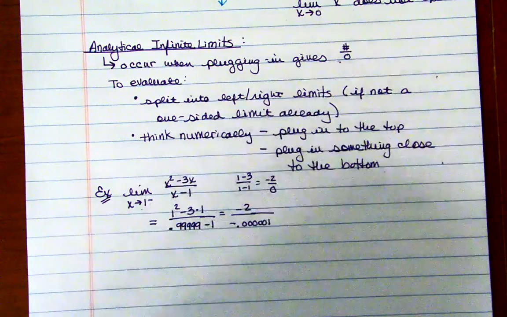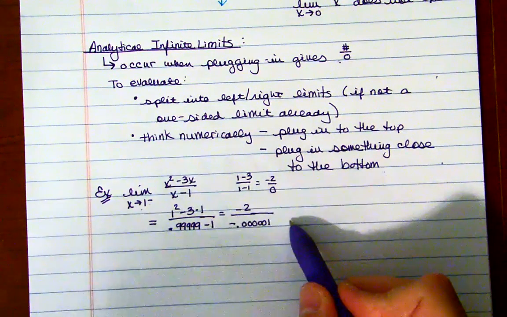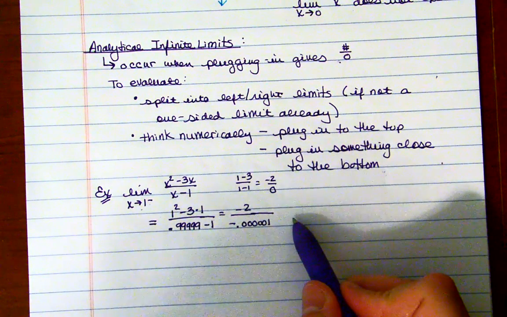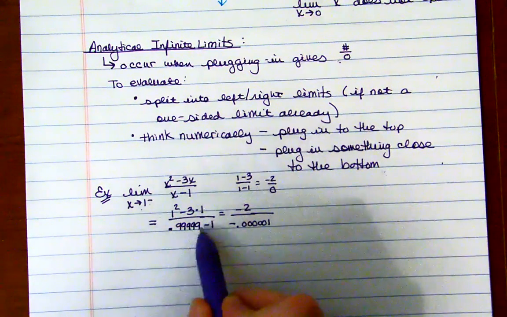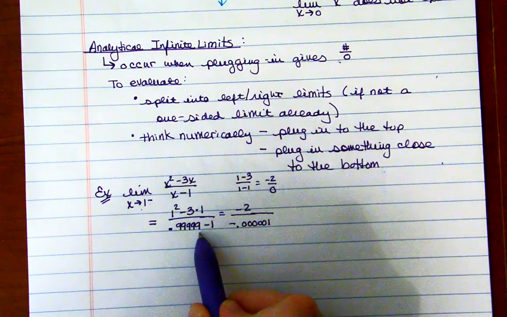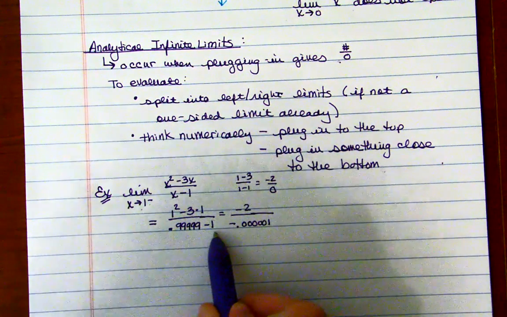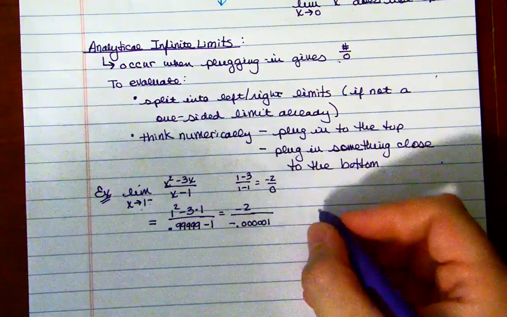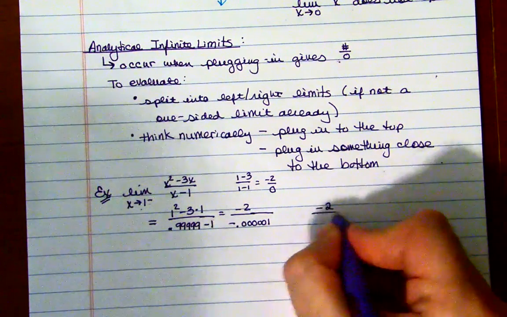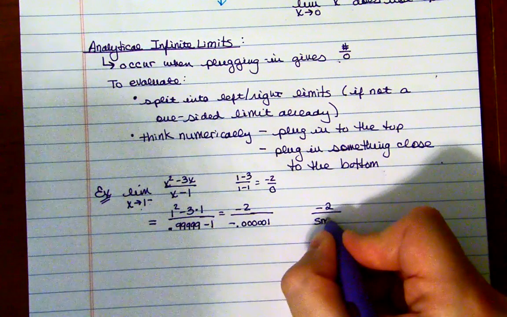But when you did that, you should have gotten a pretty big positive number. That answer, though, isn't the limit, because I really shouldn't be plugging in 0.99999. I should be plugging in something even closer to 1, like 0.9999999999999.